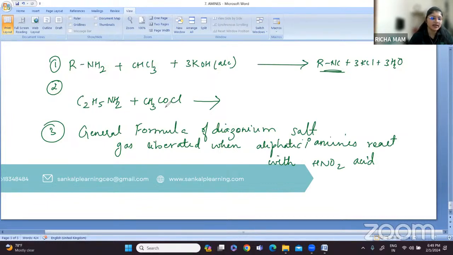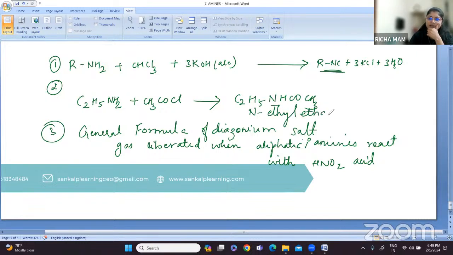C2H5NH2 reacts with acetyl chloride. Yes, you get C2H5NHCOCH3. There is a formation of amide. It is N-ethyl ethanamide.